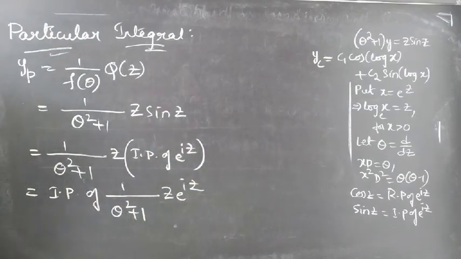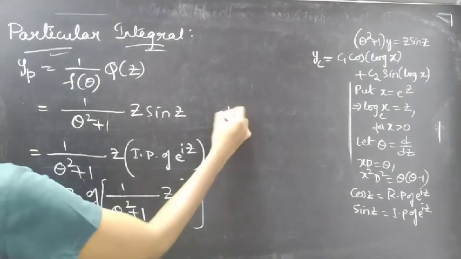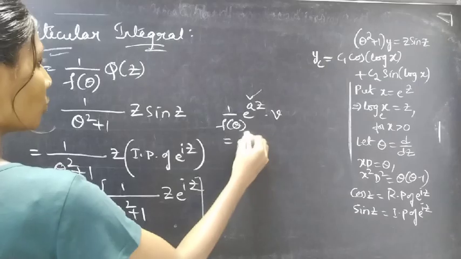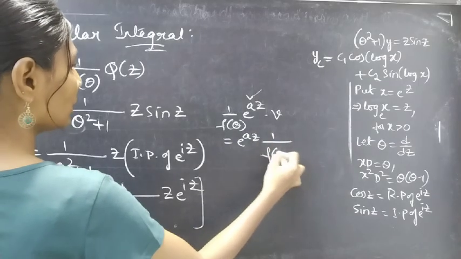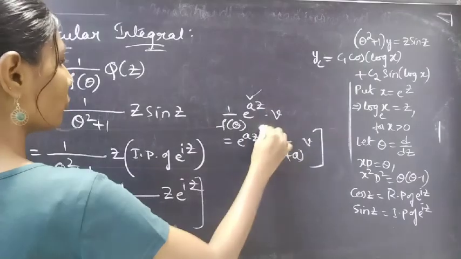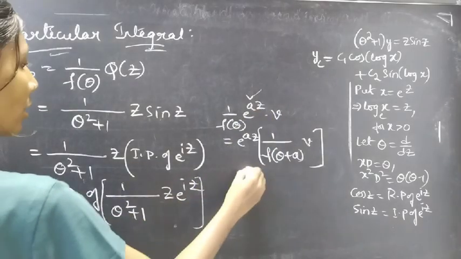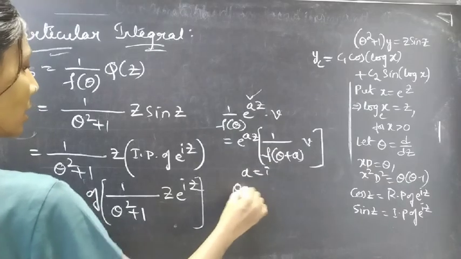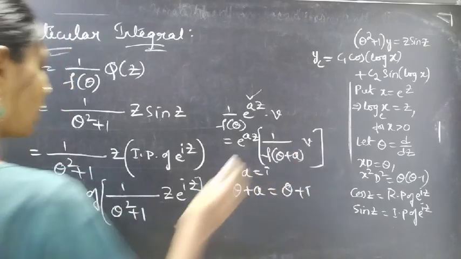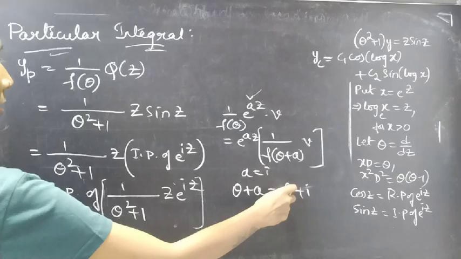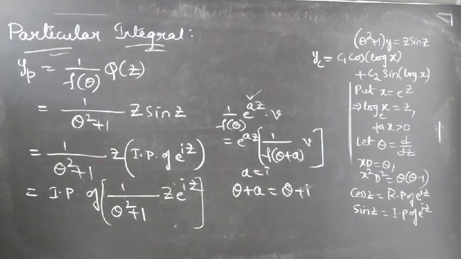Now, we can write this in the form of 1/f(θ) into e^(az) into V. We'll shift e^(az) towards left by replacing θ with θ + a, and later we'll operate V with 1/f(θ + a), right? Now compare e^(iz) with e^(az). Then for a = i, we'll get θ + a, which equals θ + i. Now, shift e^(iz) towards left, that is beside 1/(θ² + 1), by replacing θ with θ + i.